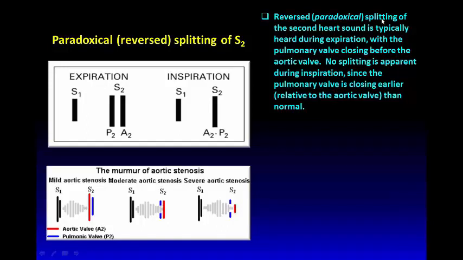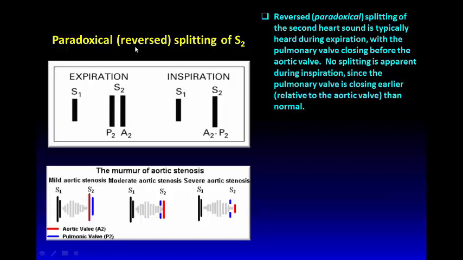Reversed or paradoxical splitting of S2 is typically heard during expiration, with the pulmonary valve closing before the aortic valve. No splitting is heard during inspiration when there is paradoxical or reverse splitting of the second heart sound.